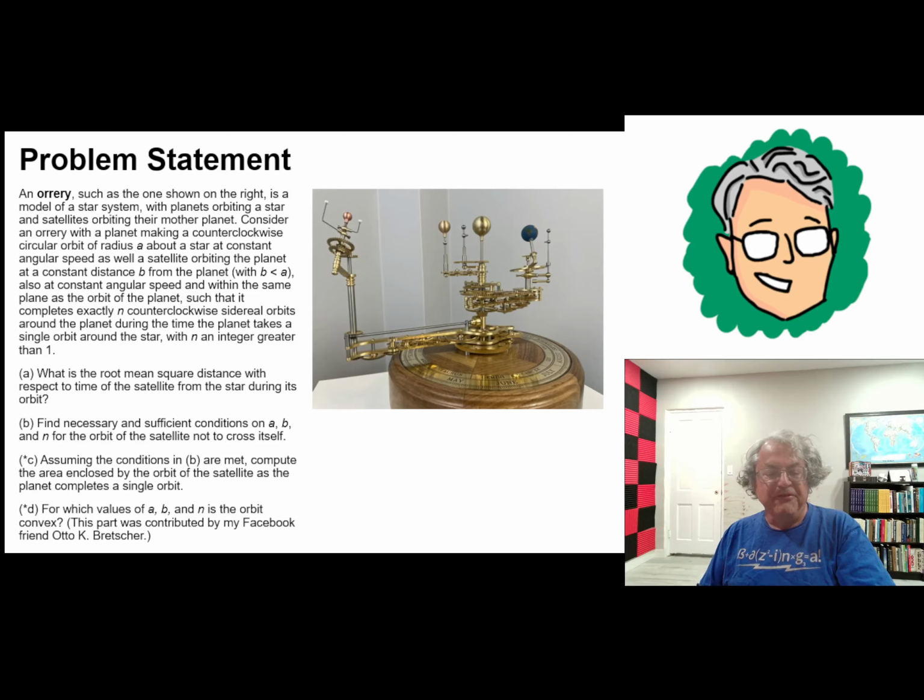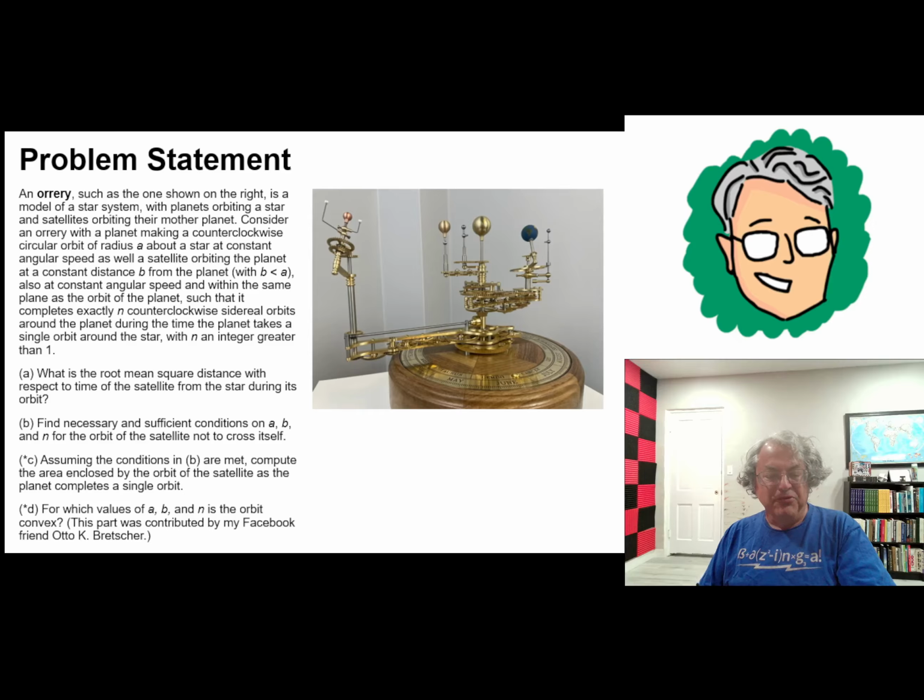And then for part D, I'm asking for necessary and sufficient conditions for a, b, and n again in order for the orbit of the satellite to be convex. This is a lot stricter requirement than not crossing itself. And this part was contributed by my friend Otto Bretcher, that I mentioned here.